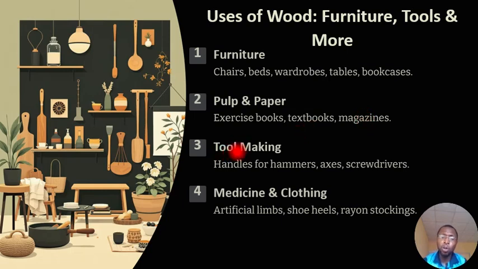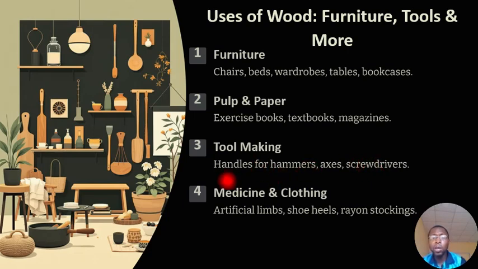Then we also use wood for making tools. Have you seen a hammer before? Most of the hammers have their handles made of wood. They have wooden handles. Even some axes that we use on the farm have wooden handles. We have a few cases where screwdrivers also have wooden handles.